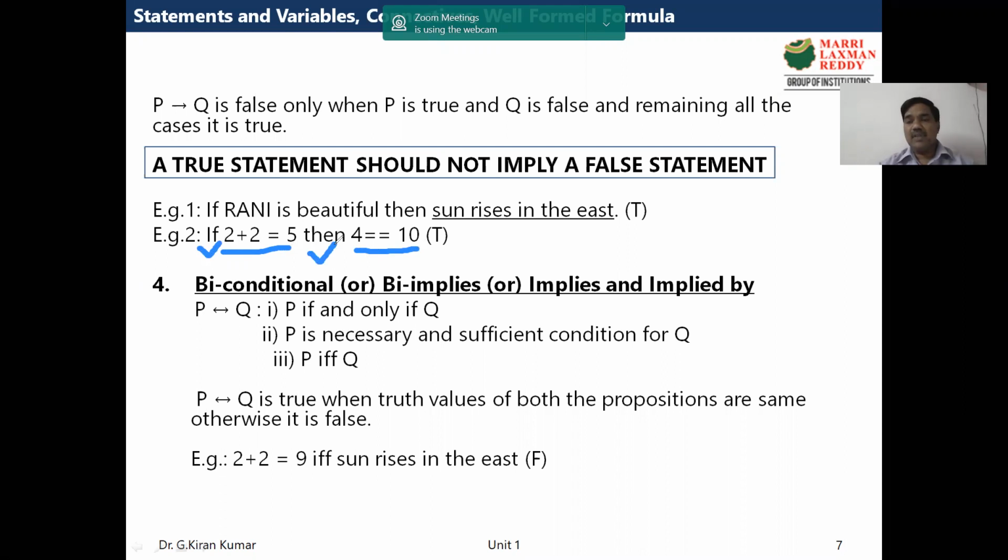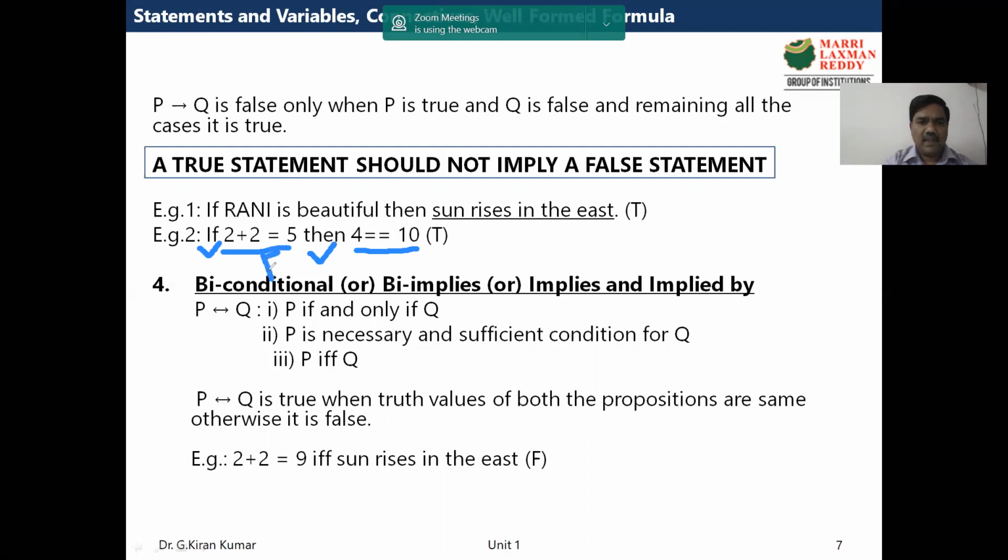And what are the two propositions? The first one is 2 plus 2 equal to 5. The second one is 4 equal to 10. Now let us see the truth values individually, and then finally the truth value of the complete sentence. Now 2 plus 2 equal to 5, we know that this is false.